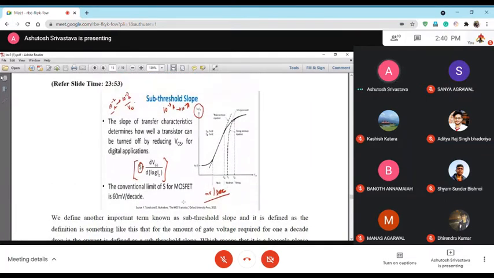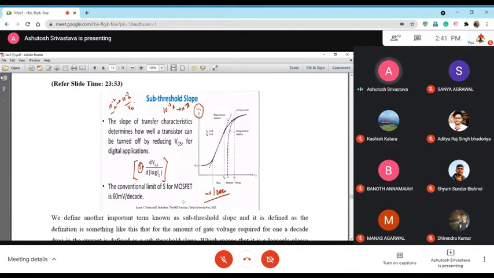So as I was mentioning, one of the most important parameters that you derive from the log of ID versus VGS graph is the subthreshold slope. The slope of transfer characteristics determines how well a transistor can be turned off by reducing VGS for digital applications.